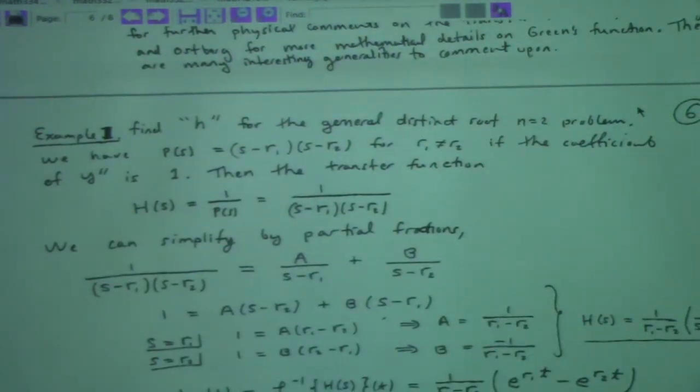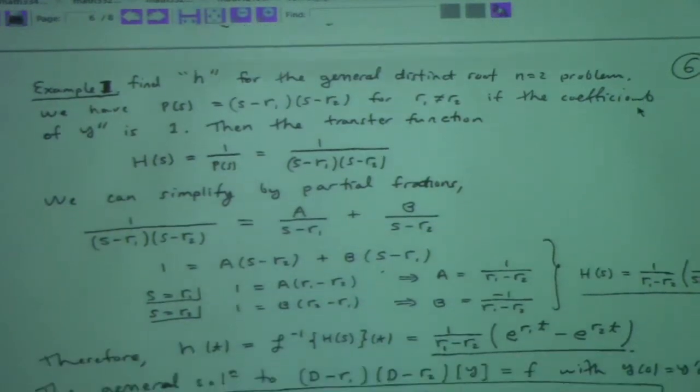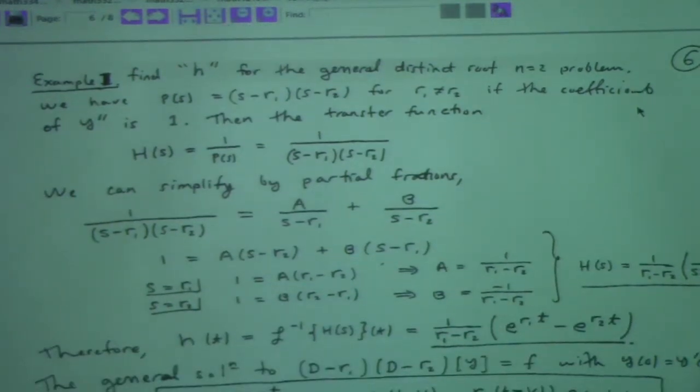And then to round it out here, I actually calculate the transfer functions for a few pretty common examples. For example, if we had the characteristic polynomial being distinct real roots, this would be something like y prime prime plus 3y prime plus 2y.